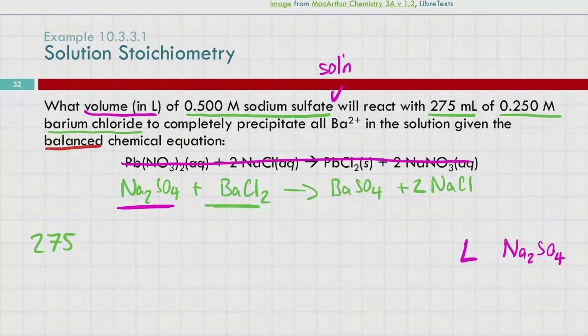What I'm going to choose to start with is milliliters. Milliliters is a nice, simple unit. So 275 milliliters. It is actually more convenient to make this 0.275 liters, which is the same as 275 milliliters.